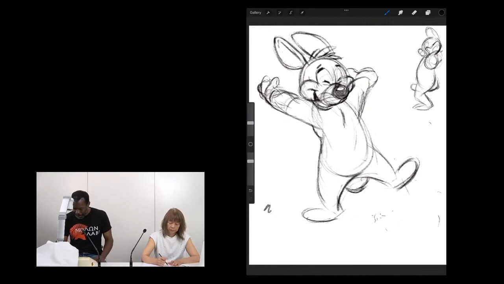Just try to slow down and try to see what the big shapes are and what the big picture is in terms of what the gesture is, right? Sorry, I don't know if that makes any sense or not.